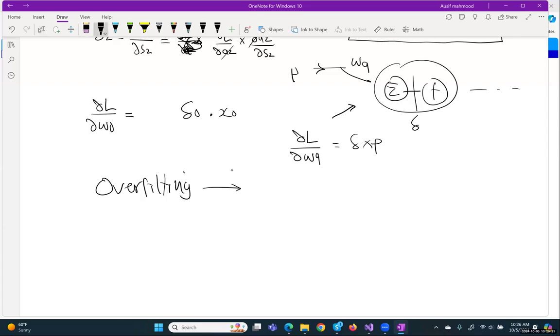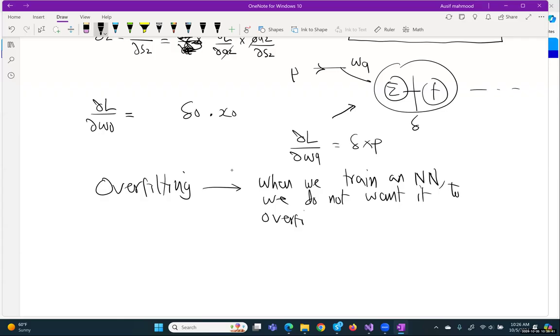Okay, so when we train a neural network, we do not want it to overfit. So what do we mean by overfit?